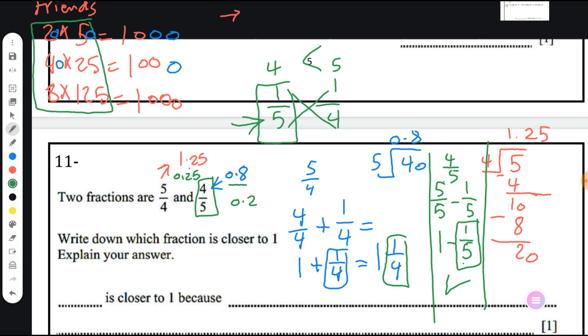But actually, it's easier to solve it by using the decimal number. So the number is 4 over 5 because if we convert it to decimal, it will be closer to 1.